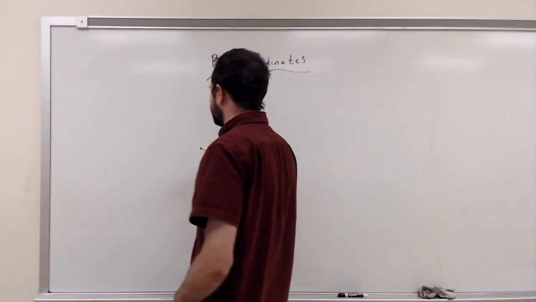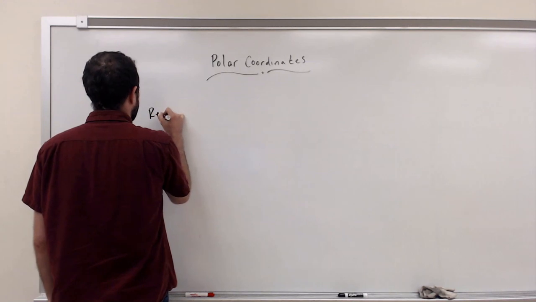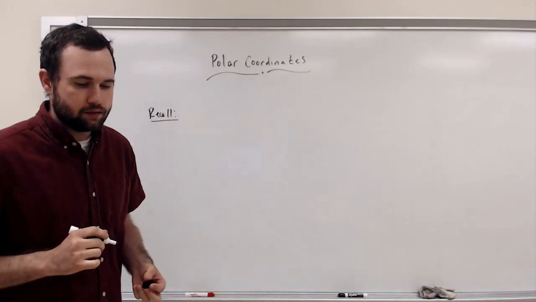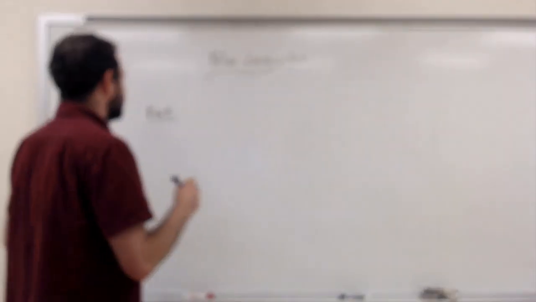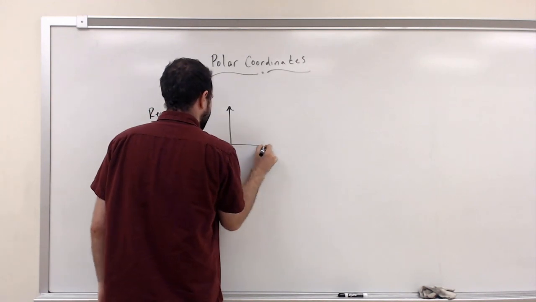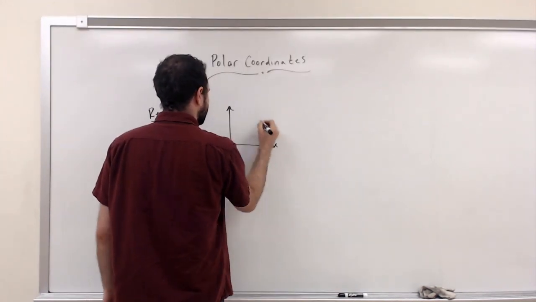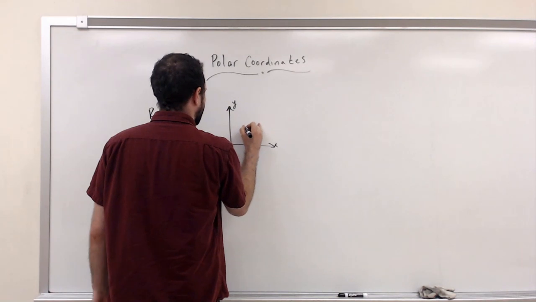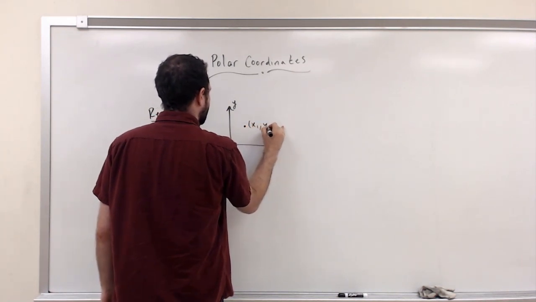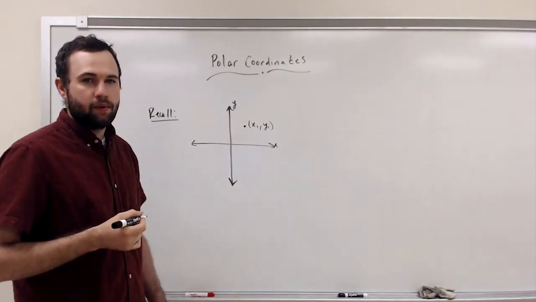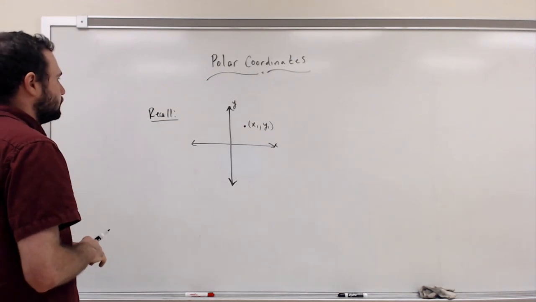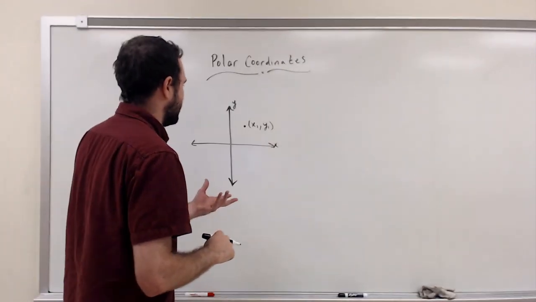So recall your rectangular coordinate system. We have a point in the xy plane. Here's x, y, and here's the point. We'll call it x1, comma y1. The name really doesn't matter. What matters is that it is a point in the xy plane. Given any point, this is how we graph it, right?